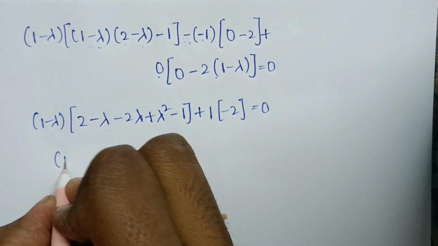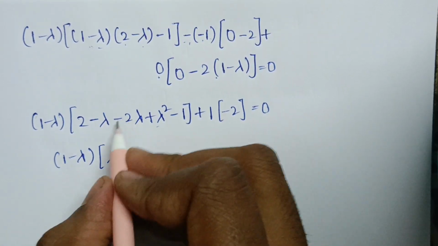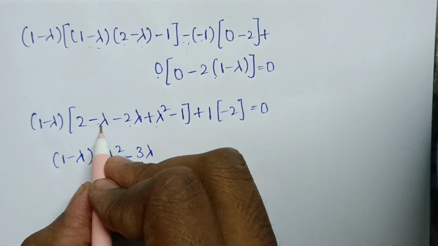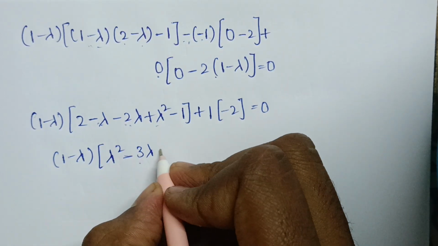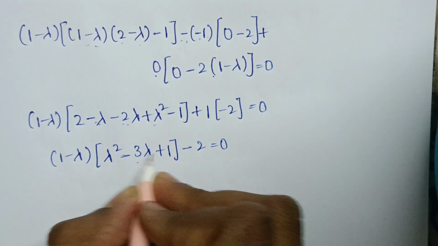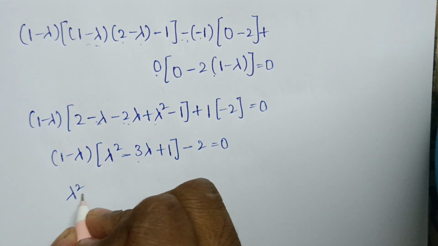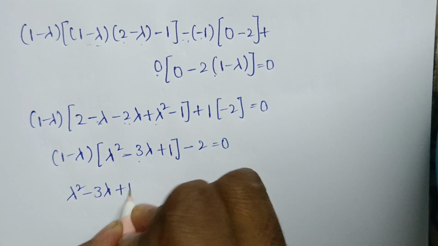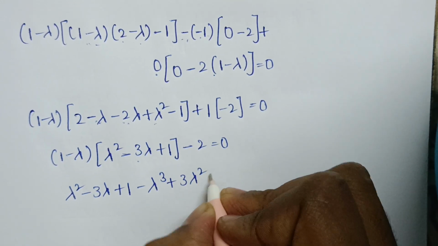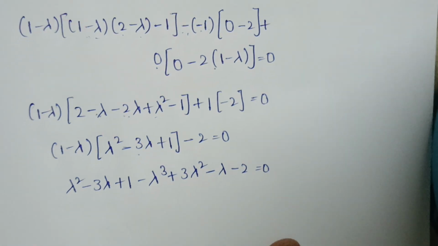So 1 minus lambda into lambda square minus 3 lambda, minus 1 into minus 2, so minus 3, plus 1 minus 2 is equal to 0. Now we multiply and expand the terms: lambda square minus 3 lambda plus 1 minus lambda cube plus 3 lambda square minus lambda minus 2 is equal to 0.